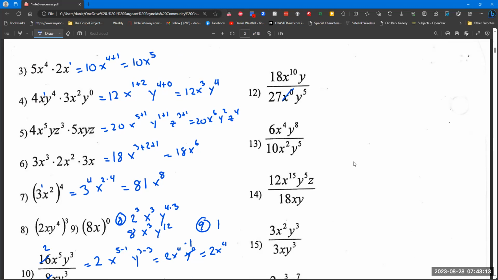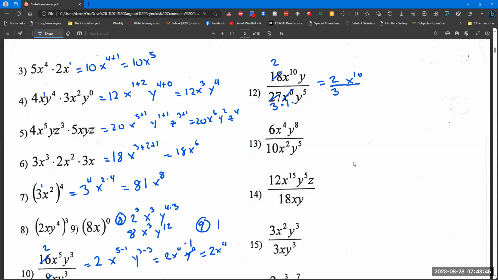Let's take out this x to the 0. That's a 1. We see a common factor of 9 that goes into both 18 and 27. 9 goes into 18 2 times and into 27 3 times. So we have 2 thirds, and I have an x to the 10th in the top.